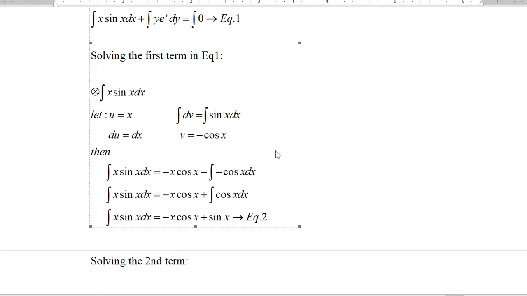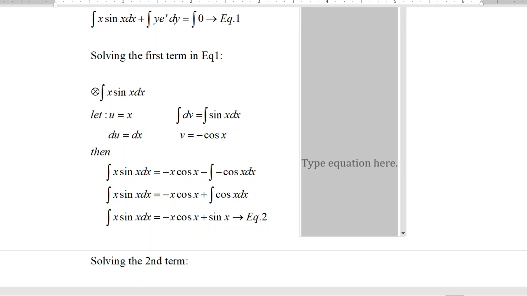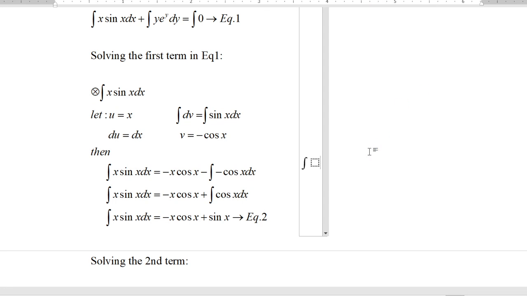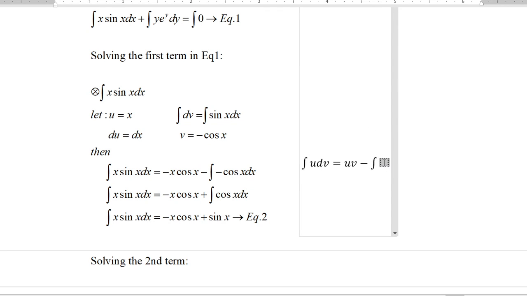So, just to have a review, let us insert an equation. Let us recall that the integral of u dv is equal to uv minus the integral of v du.